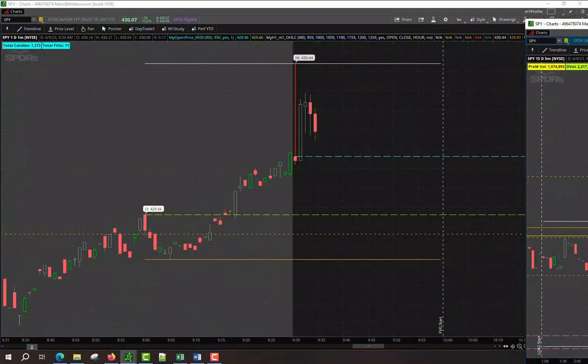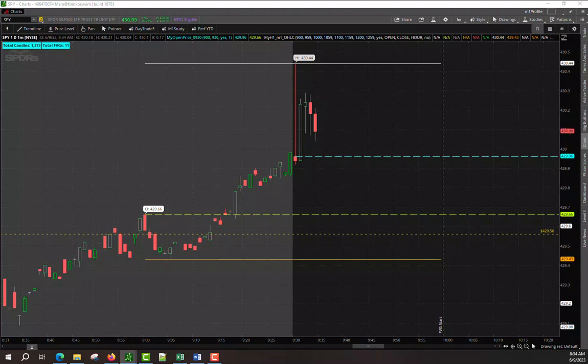Let's see. So this is our order block. You can see this order block at 431. Another order block, leave it away right away. Leave that order block. And this one, let's see.